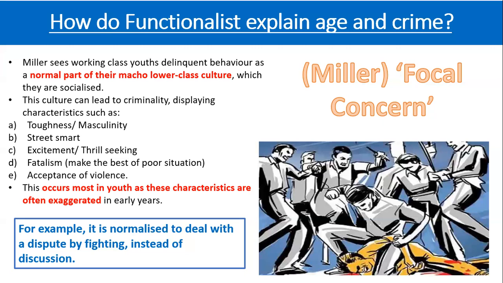So, for example, it's normalized to deal with disputes by fighting instead of discussion. So Miller's saying this focal concern amongst young working class people encourages them to resort to characteristics that will get them in a spot of bother and will make them more likely to get arrested and things like that.